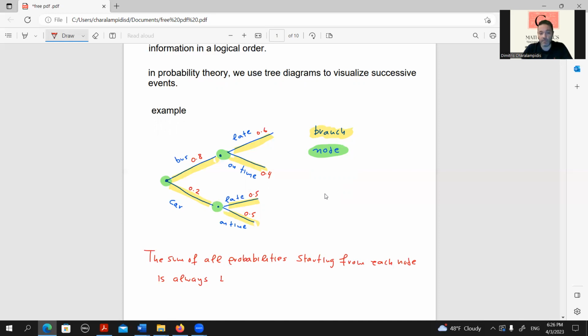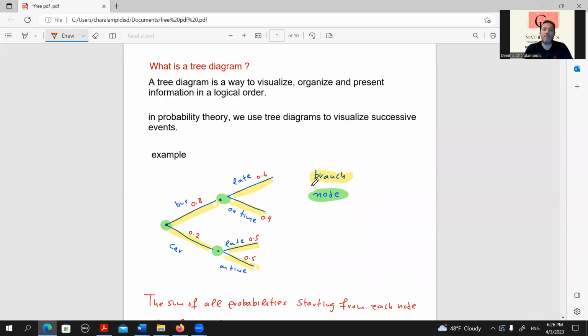This rule we just mentioned can be really helpful in cases where we are given a tree diagram with some missing probabilities and we are asked to complete them by ourselves. So once again, to summarize everything, we can remember that the tree diagram is just a visualization, an organization of successive events, of information put in a logical order.